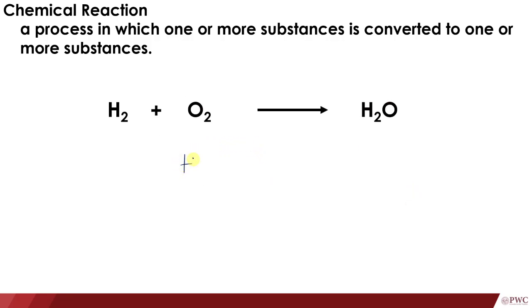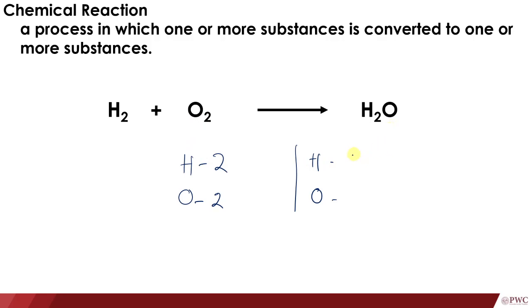The first thing is to write all the elements involved in the reaction, of course, the same elements on both the reactants and the products side. On the left side, let's count the number of hydrogen atoms. First, we have two here, and we also have two oxygen atoms on the left side.